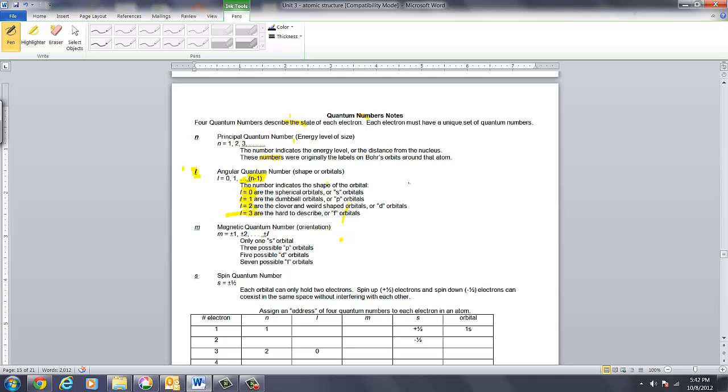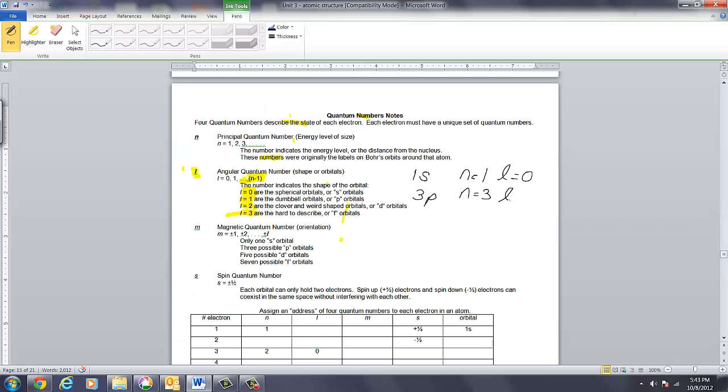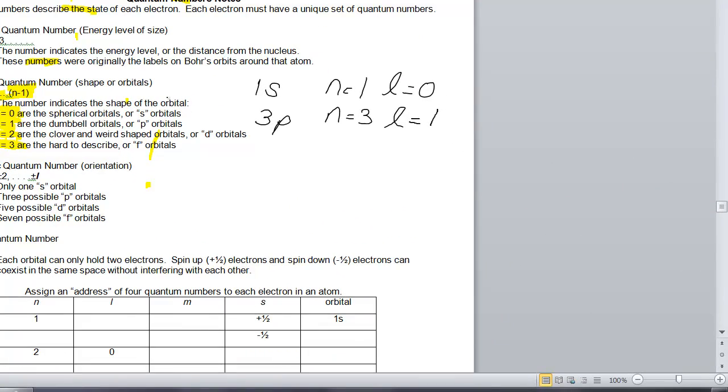So if you're talking about a 1s orbital, n would be 1 and L would be 0. If you're talking about a 3p orbital, n would be 3, and L would be 1, because p's are 1. If I'm looking at a 3d orbital, n is 3, and d would have an L value of 2.